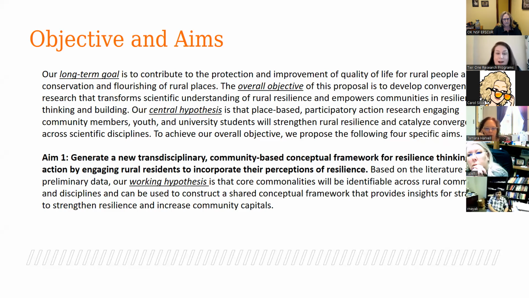Our central hypothesis is that place-based participatory action research, engaging community members, youth, and university students, will strengthen rural resilience and catalyze convergence across scientific disciplines. To achieve our overall objective, we propose the following 4 specific aims. And then, what we have below, you will do that for all of your aims.